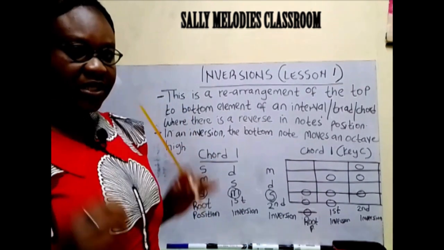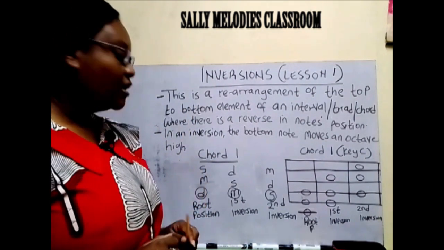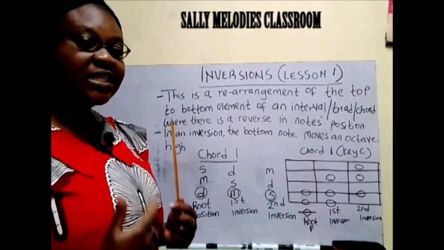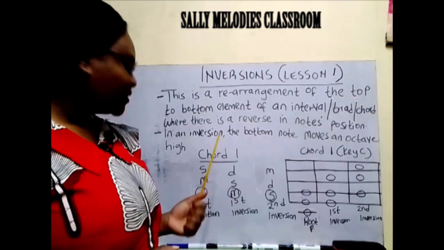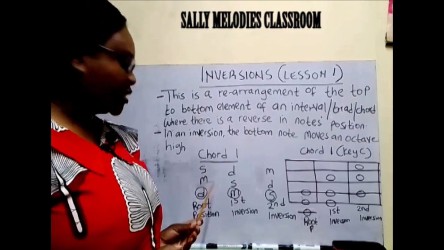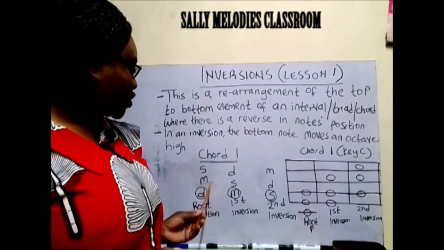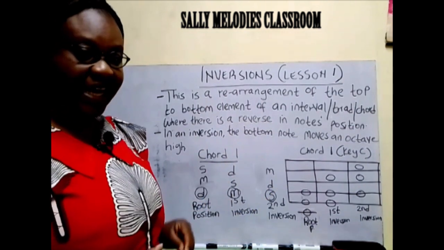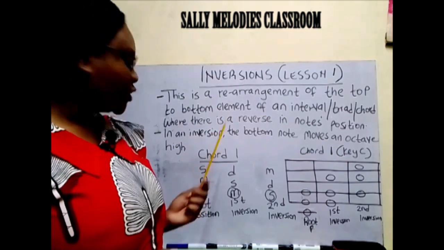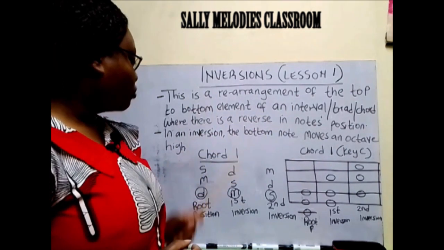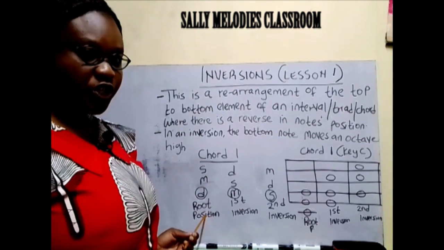Let's first deal with a triad so that we can get it easily. I want us to work with chord 1, but I have taken only the 3 notes, the triad. Let's work with it as a triad, 3 notes, so that we can know what we are talking about, top to bottom. Now, this is root position.